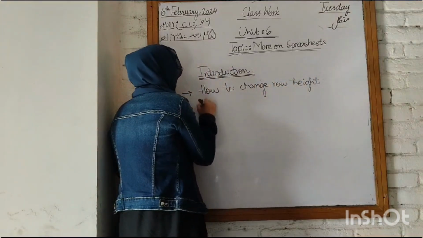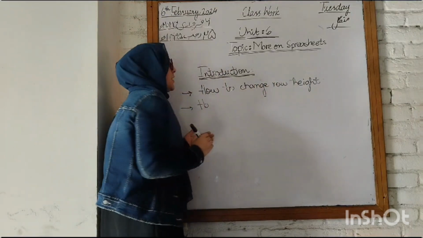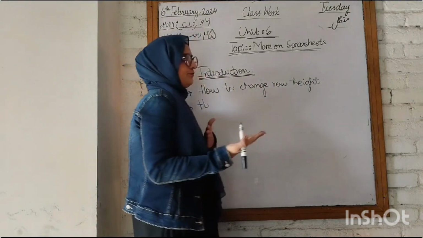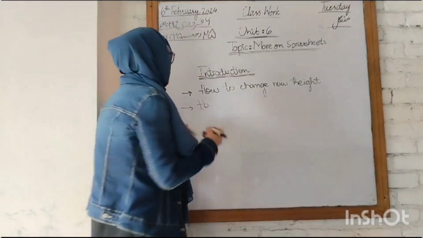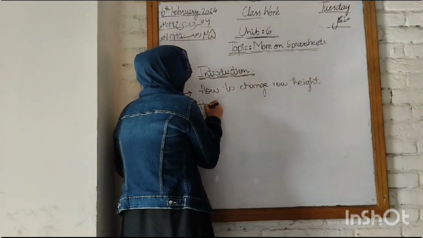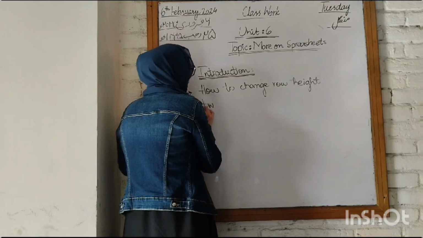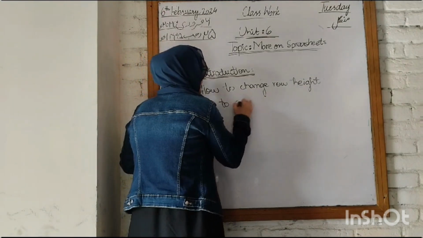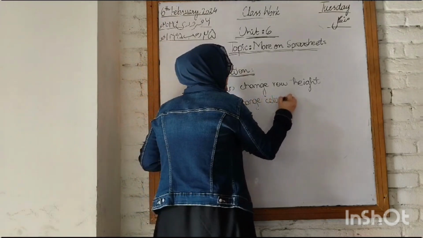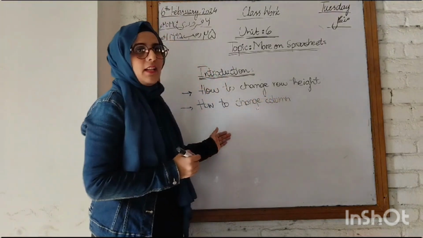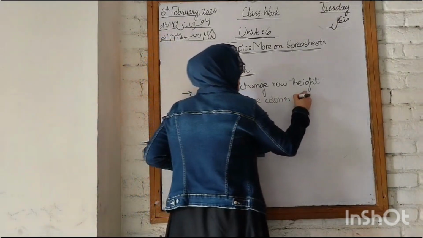How we are going to change column width. You have studied before about Excel. Just like Excel, spreadsheet is basically how to change column width, just like we did in Excel.